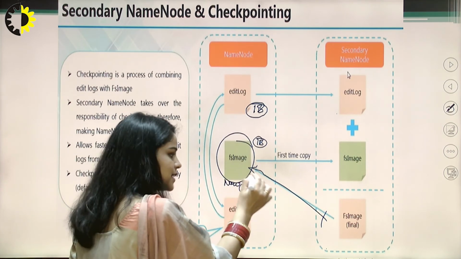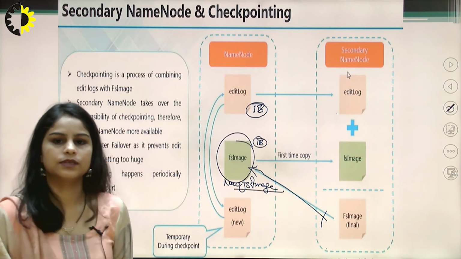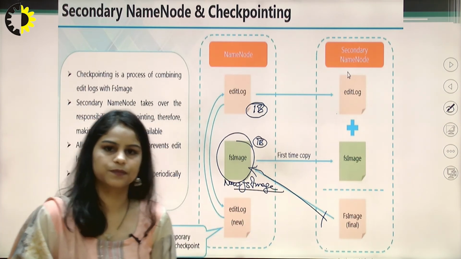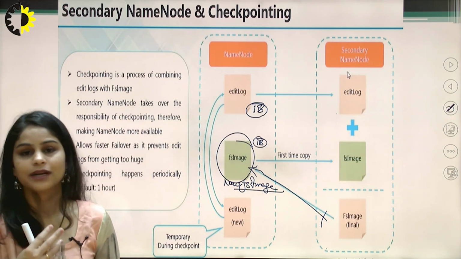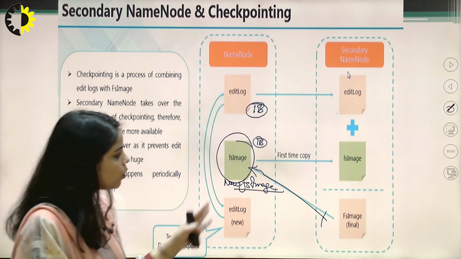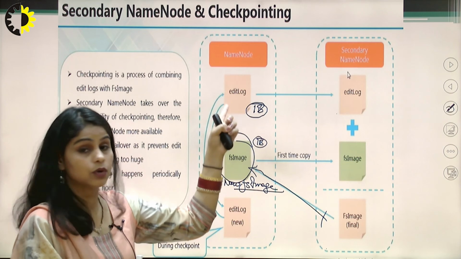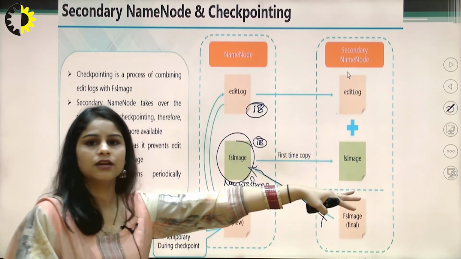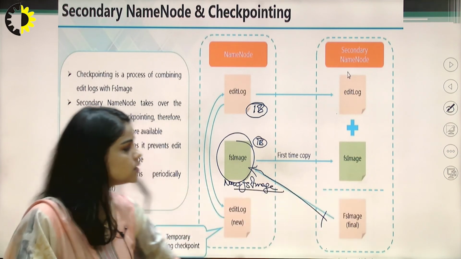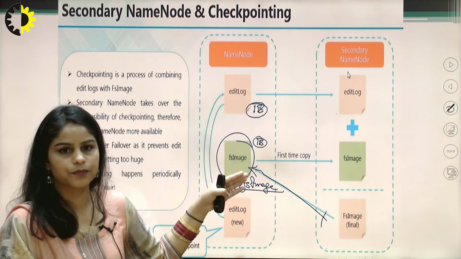The name will be the same, but it is the new fs image, which is the final fs image, right? So after every 1 hour, whatever the changes have been made, we are going to update them and keep a new copy of fs image in the name node, right? We are not keeping the copy in the secondary name node because it depends on the current scenario or the changes that have been done.